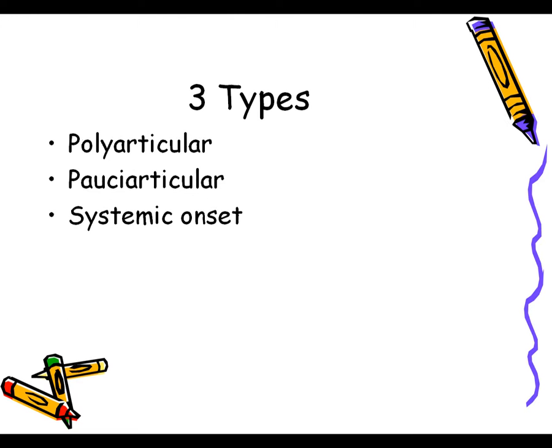And those were just the 3 types: the pauciarticular, the polyarticular, and the systemic onset. Remember, the polyarticular, that is simultaneous involvement of 4 or more joints. The pauciarticular is involving 5 or fewer joints. And let's look at some of the symptoms.